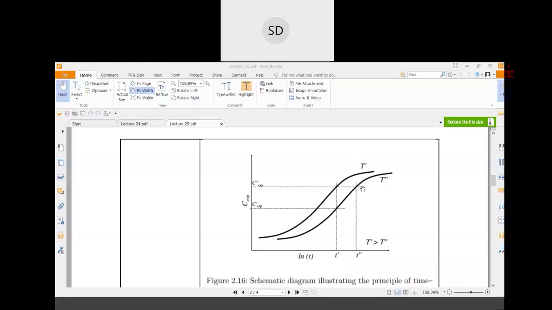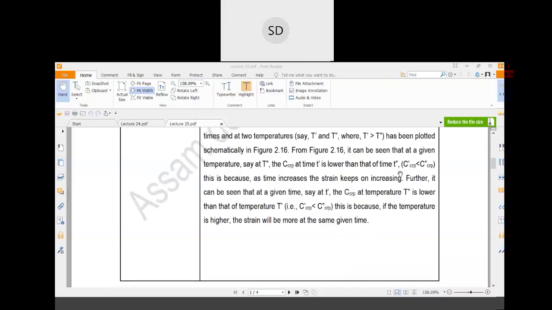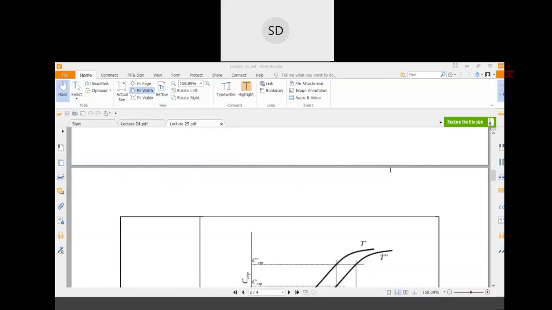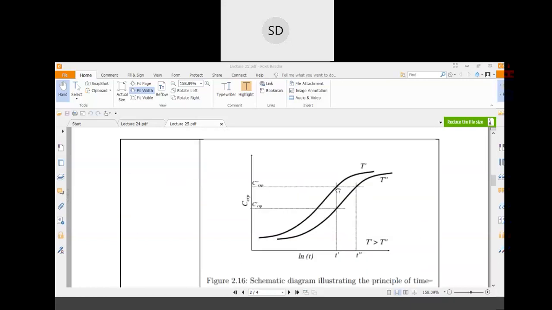Now, if you find out the creep, you can see that the creep at time T dash is lower than that of time T double dash. So that is obvious that the creep at time T dash is lower than the creep at time T double dash, for a particular T dash or T double dash, whichever you are considering.